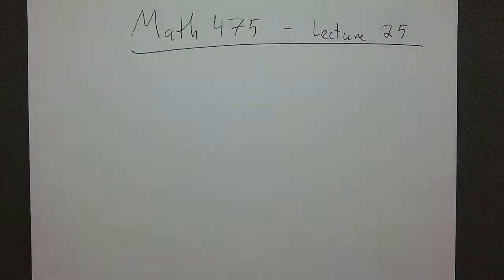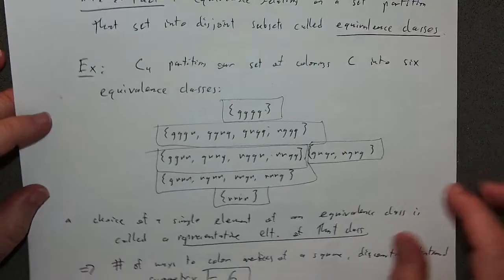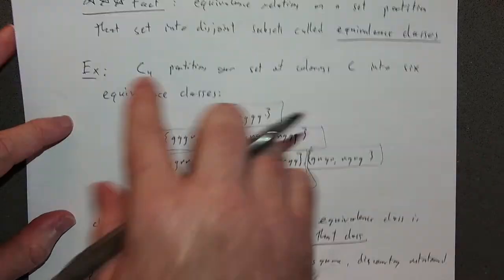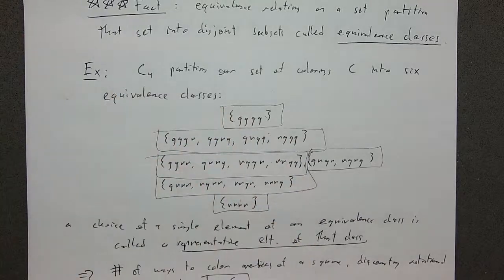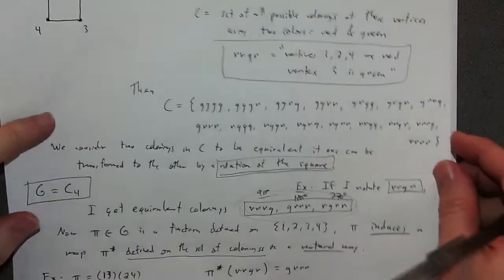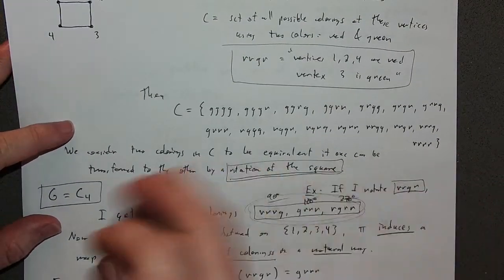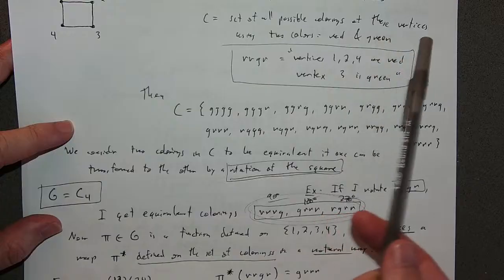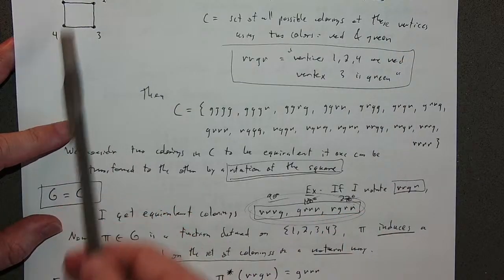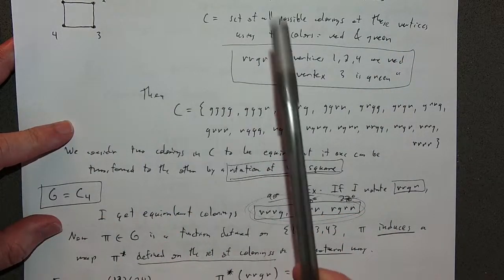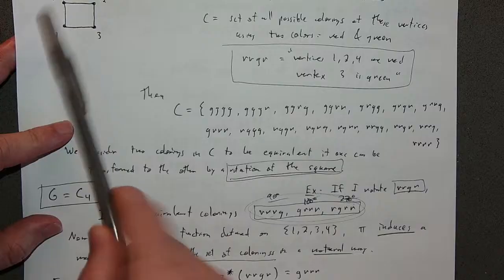So in our formulation last time, we defined the notion of equivalence classes. We saw that in this previous example, I know I'm flashing a bunch of different slides from yesterday, where we considered the set of all possible colorings of the vertices, thinking of this as a 4-beaded necklace, where we didn't consider reflection symmetry.